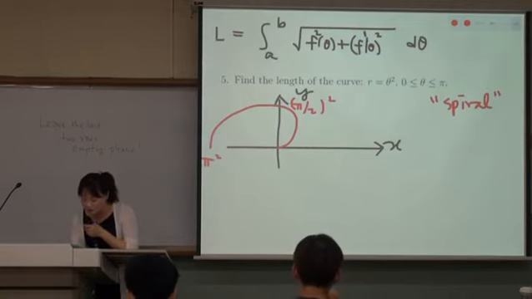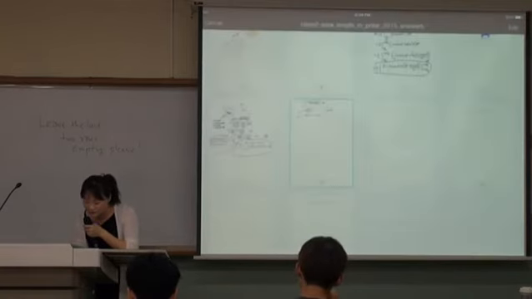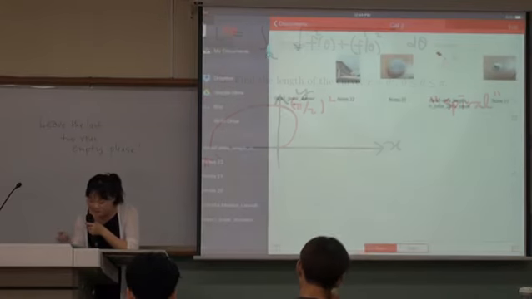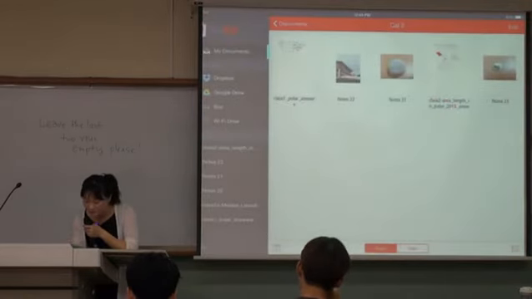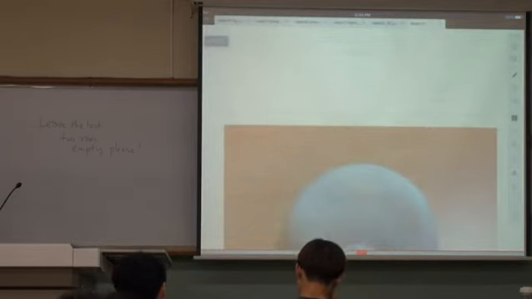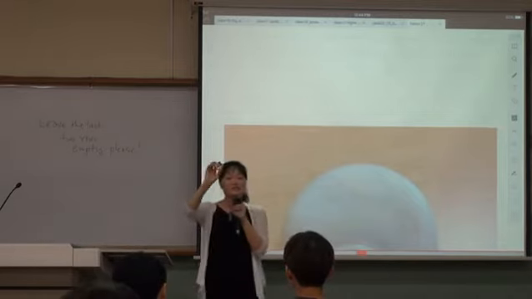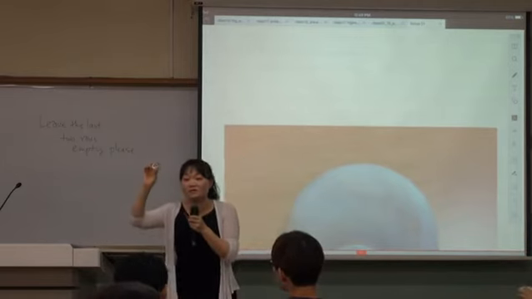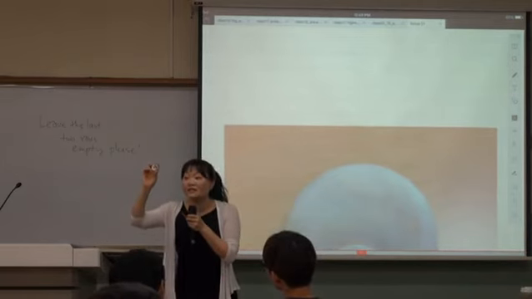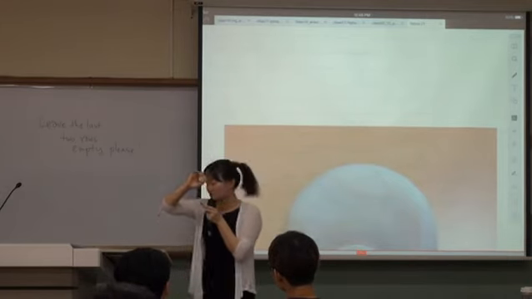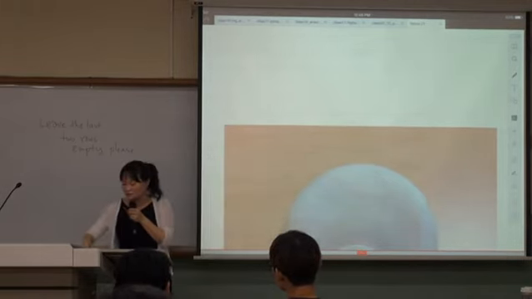So let's find the length. Before we find the length, where do we see this spiral? So this is the same snail that I took the picture of. Snail, what is it in French? Limaçon, okay? But if you look at the back side of it, this is the picture that I took.